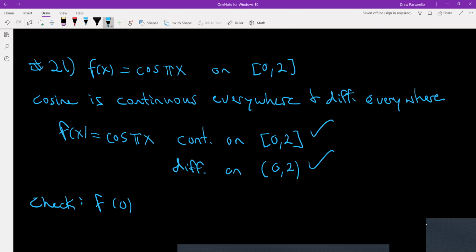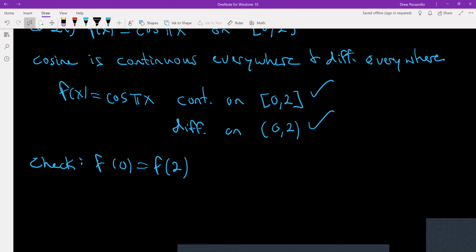So check that f of 0 equals f of 2. All right, f of 0 would be cosine of pi times 0, which is cosine of 0. Well, cosine of 0 is 1. And if you plug in 2, that's cosine of 2 pi. So that puts you at the same spot as 0 radians. So that's also going to give you 1.